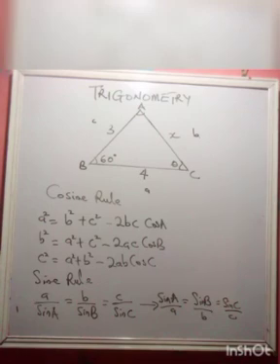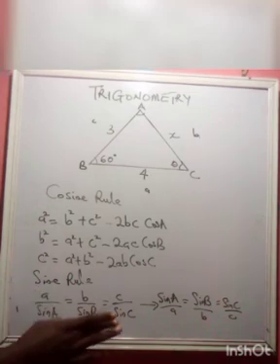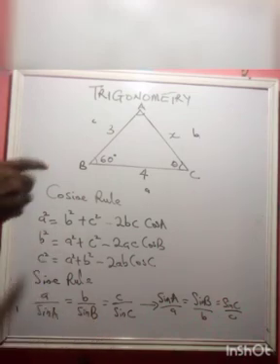Remember, we've already discussed the trigonometric ratios where we mentioned sine theta equal to opposite over hypotenuse, cos theta, and tan theta. We'll try to use these rules to solve this problem.